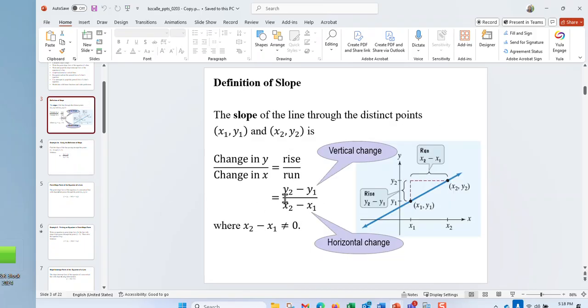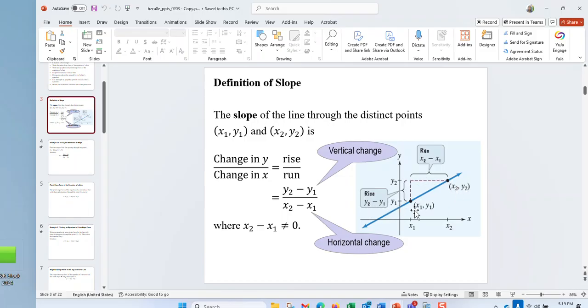Alright, so we talked earlier, slope is usually called the change in y over the change in x, or the rise over run, right? If you took high school Algebra 2, you should have seen this one. Alright, so we're using y2 minus y1, this is the rise, going up, and then the horizontal is the run.